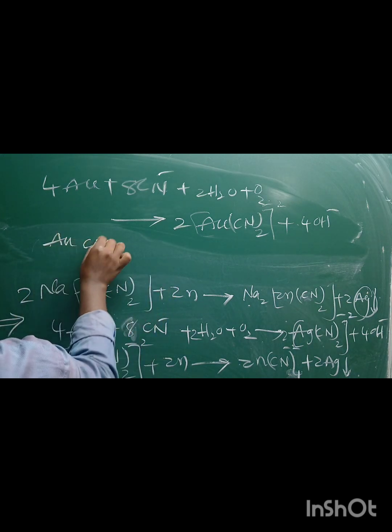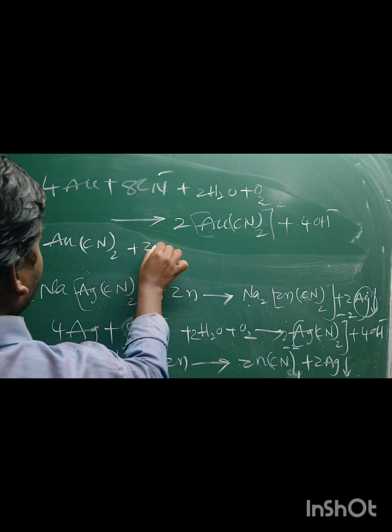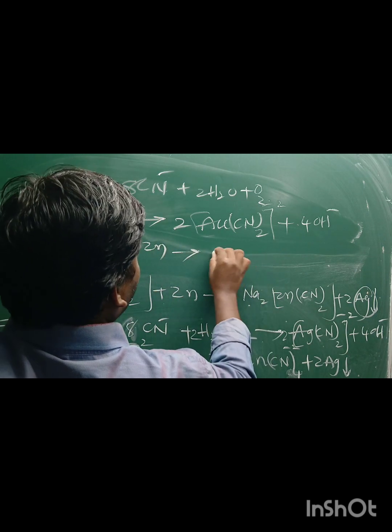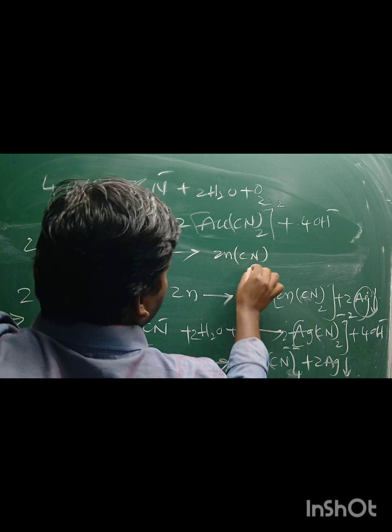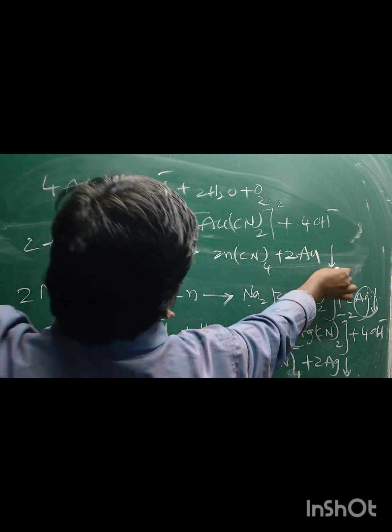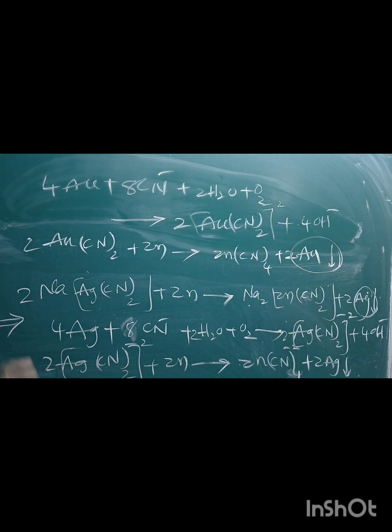This Au(CN)2 minus reacts with zinc metal to form Zn(CN)4 plus 2Au. This is information about how to extract the gold.